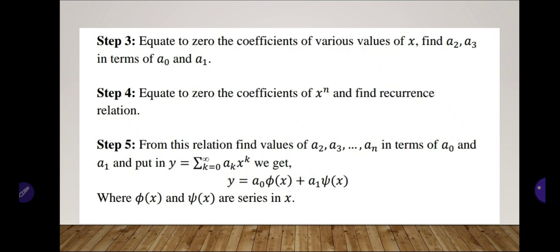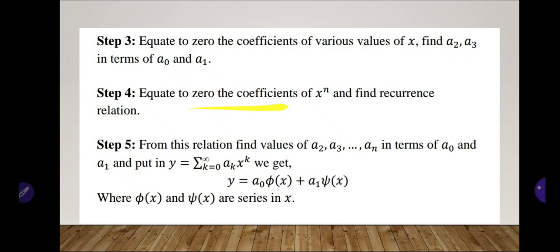And find out the values of a2, a3, a4, a5, all these constants in terms of a0 and a1. We have to find the values of a2, a3, a4 and so on in terms of a0 and a1, that is the first two constants.